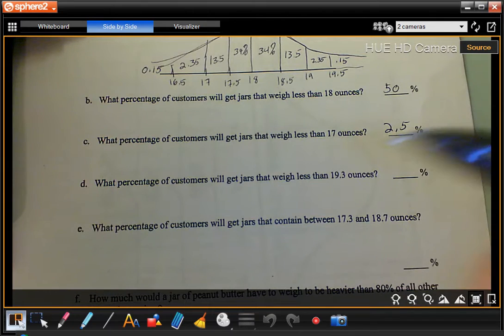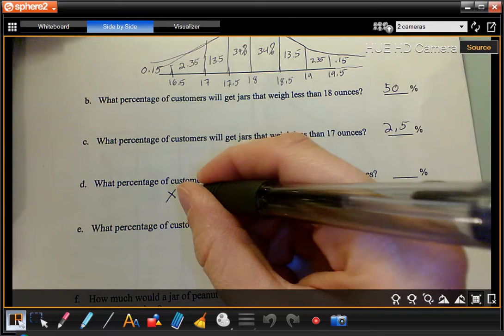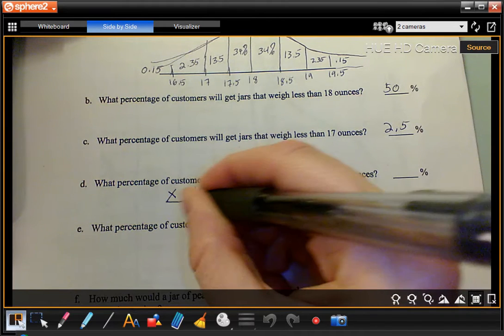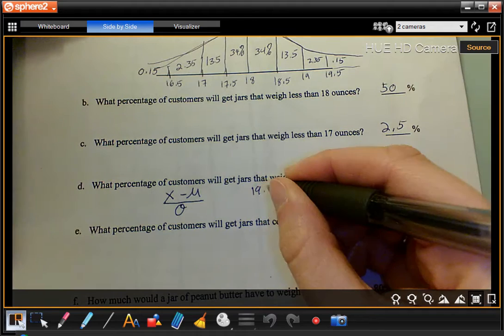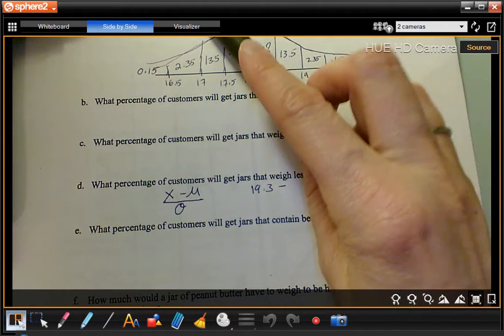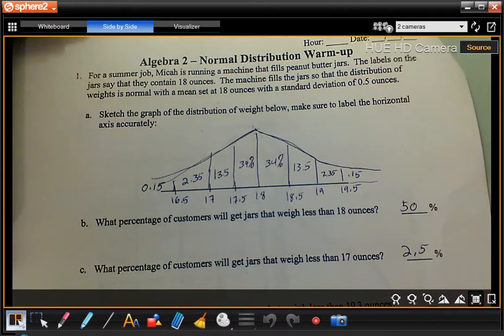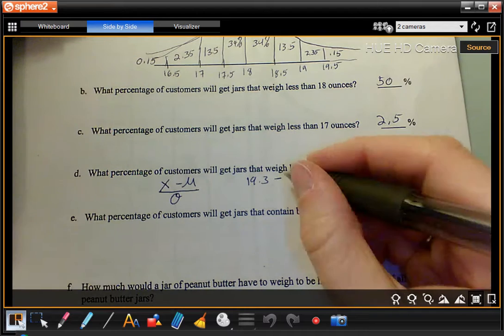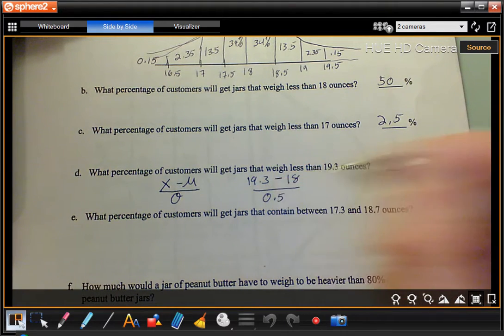So we're going to use that z-score formula, x, the number we're talking about, minus the mean divided by the standard deviation. So that's 19.3 minus, what's the mean? Right up here, or we can actually look in our problem that the mean is 18 ounces, divided by our standard deviation, 0.5.